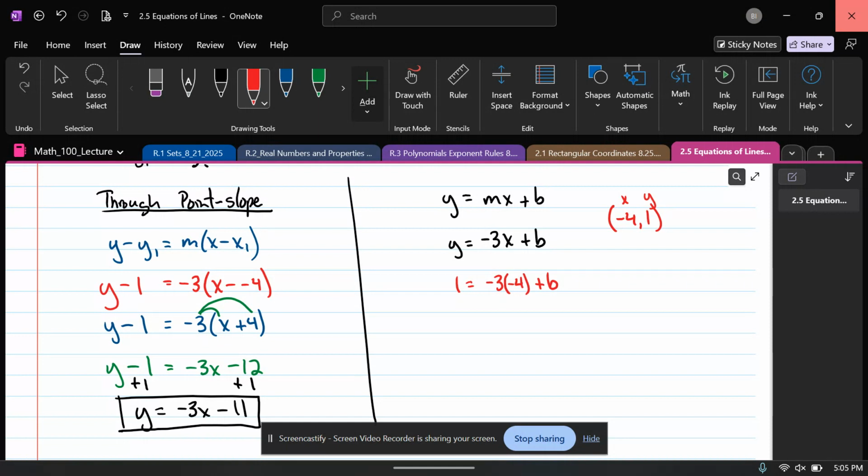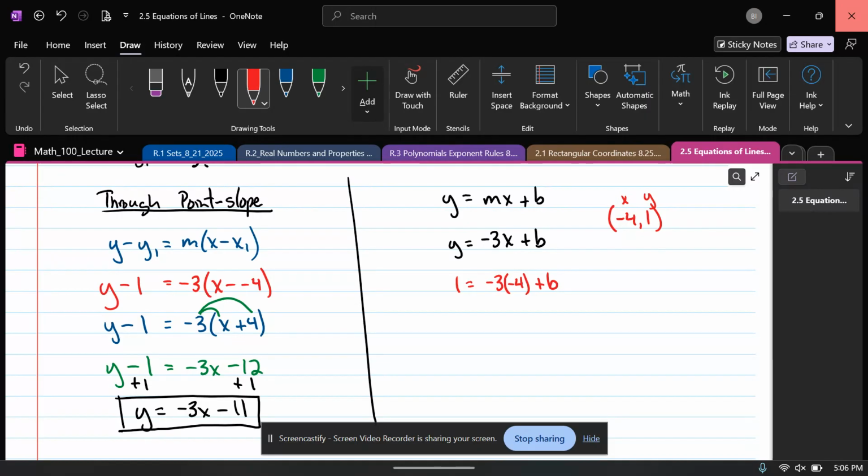B is the variable now. So I'll replace the x with the negative 4, and I'll replace the y with the positive 1. That was the ordered pair they gave me. The negative 3 was my slope, that's where I put it. And then I put the x value and the y value of my ordered pair.